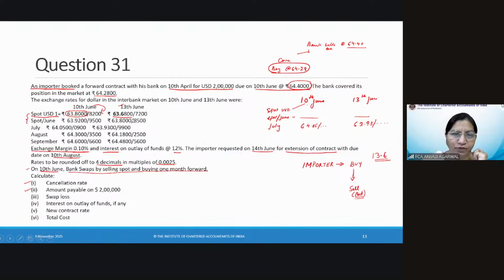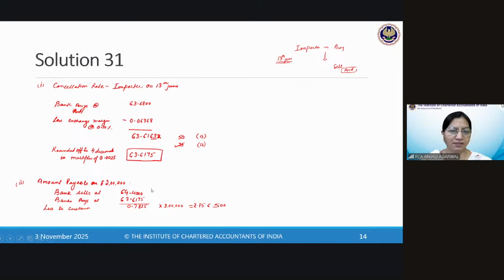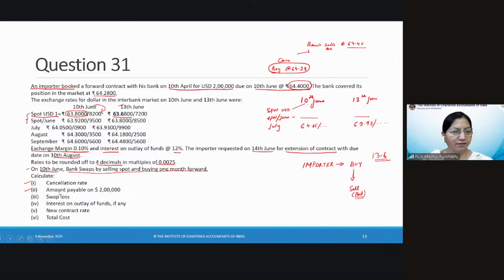Customer approached on 14 June, so the rates applicable on 13 June will be taken, not on 10th June. So first thing is clear that cancellation rate is 63.68, and after deducting the margin and rounding off, it comes out to be 63.6175. Second, amount payable on $200,000.